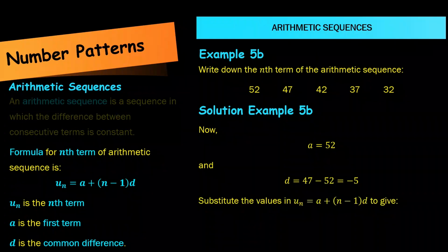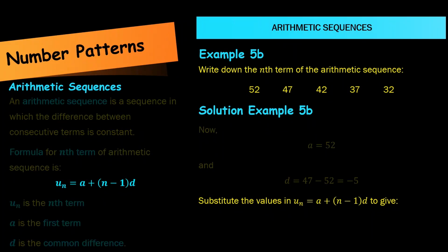We can now substitute this into the general formula for u subscript n for an arithmetic sequence. The nth term is equal to a plus n minus 1 times d, as shown.